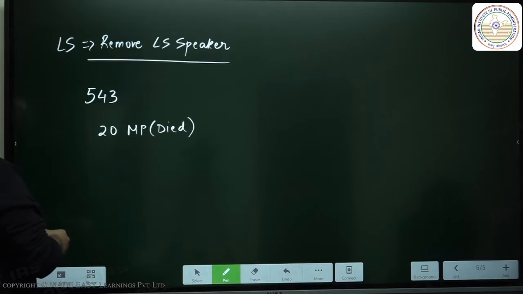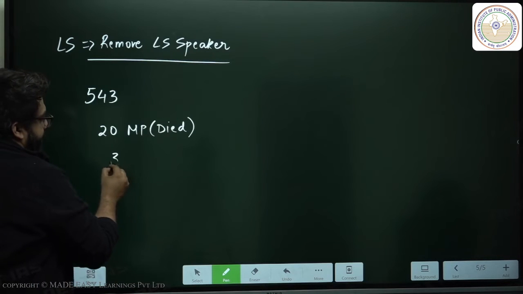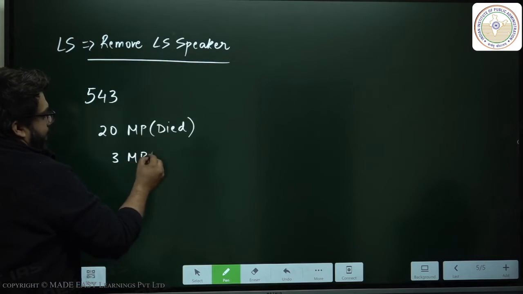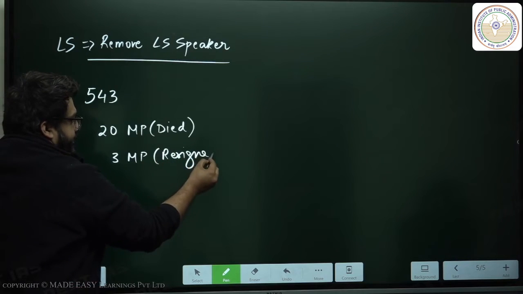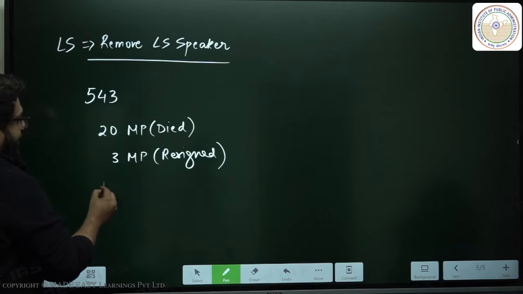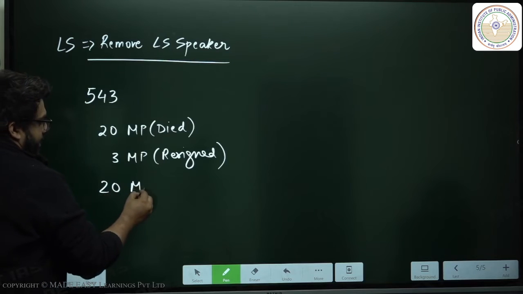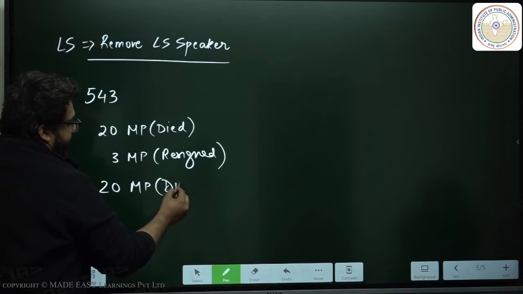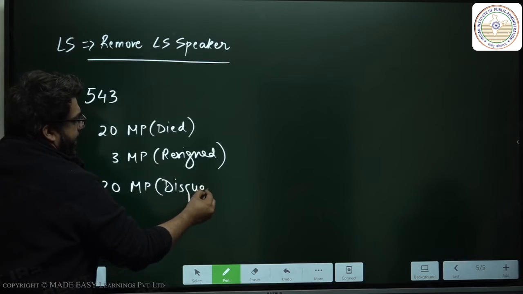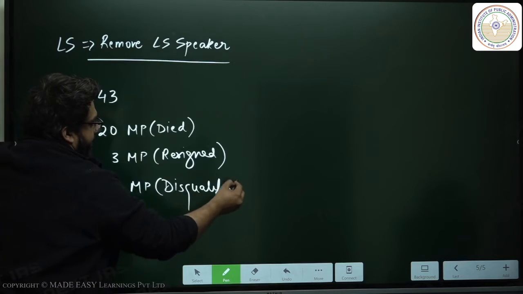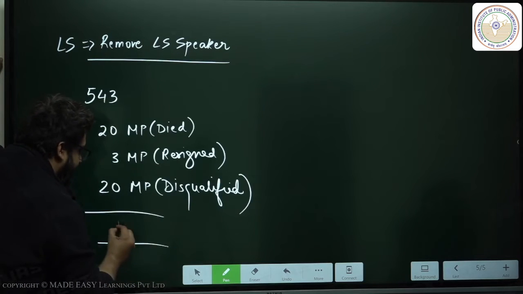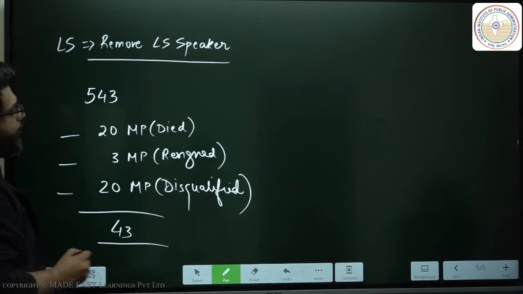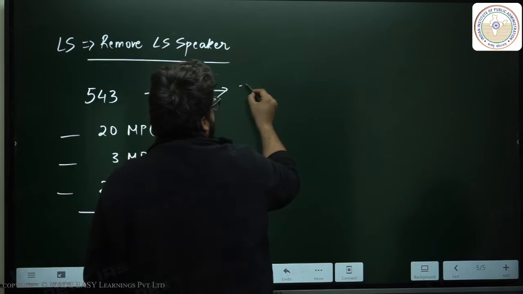Let us say there are another 3 MPs who have resigned. And let us say there are another 20 MPs who have been disqualified. कुछ तो इन्होंने कांड किए होंगे. They have been disqualified. Total, how many have been DDR'd? 43. So, what is your effective strength?